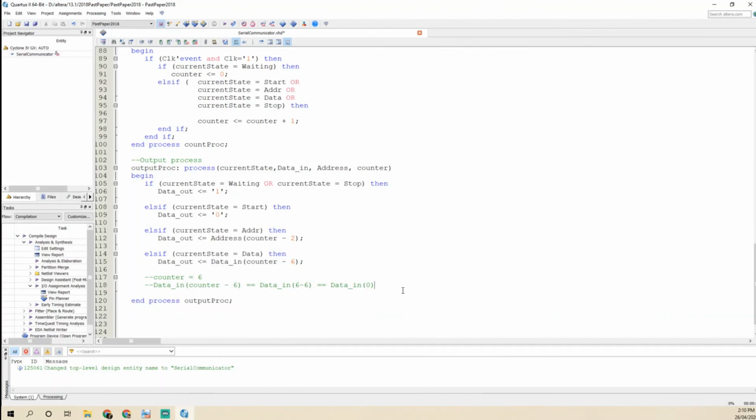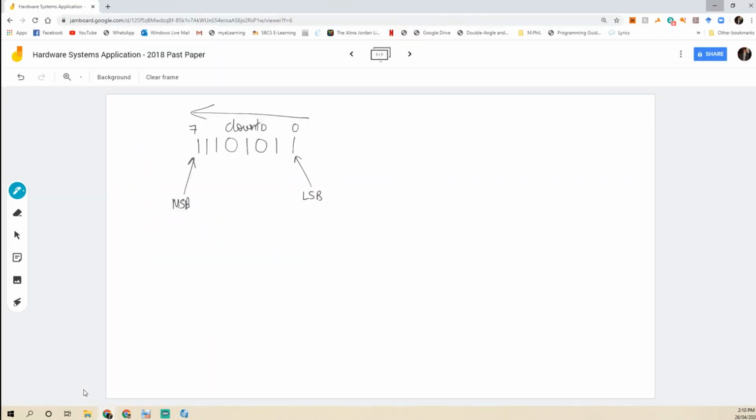When the counter is equal to 7, data_in is being indexed with counter minus 6, which gives me data_in(7 minus 6), which is data_in(1). Data_in(1) refers to this bit here. And remember, I'm going from least significant to most significant.